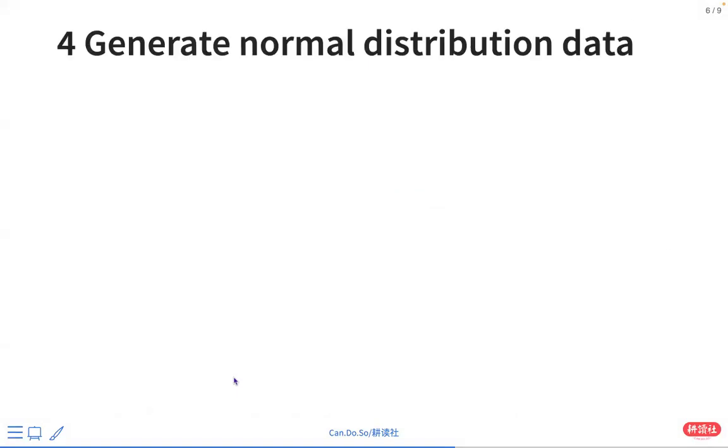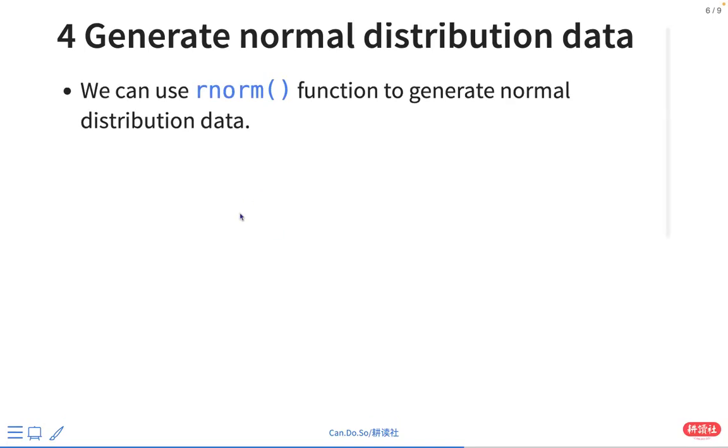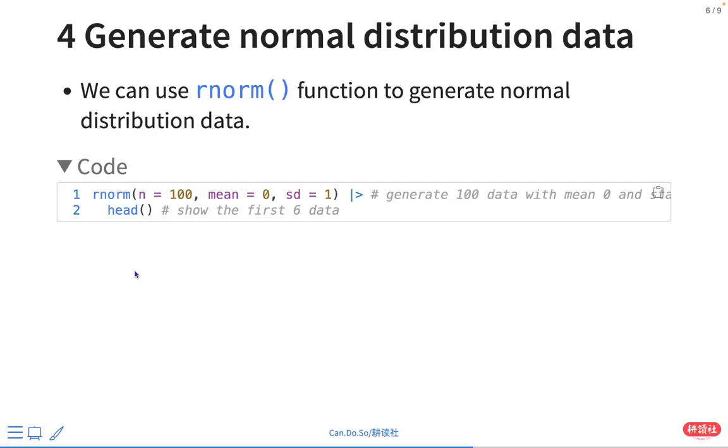So with our function, it's very convenient to calculate the probability. And we also have another R function, rnorm. This one will create normally distributed data.